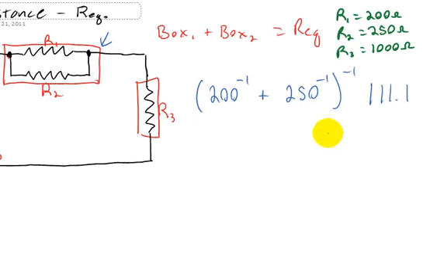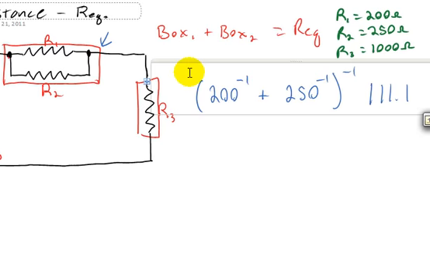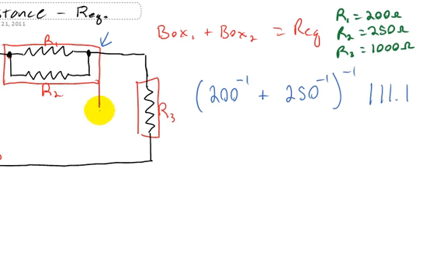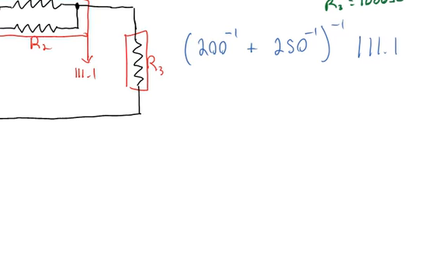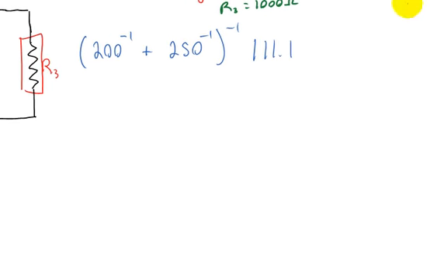And again, this whole thing that's highlighted right now, that I highlighted by accident, is this box right here. And that is 101.1. Now I'm going to redraw this, because I took those two resistors and made one resistor.